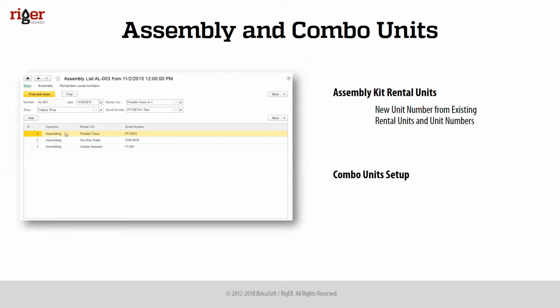After that, when we have them available, we can combine them, build assembly lists, and combine units together to build an assembly kit. A good example of an assembly kit would be the tank and chassis. We can bolt them together and track 2 separate serial numbers as one serial number, and it could be for a number of months or years.